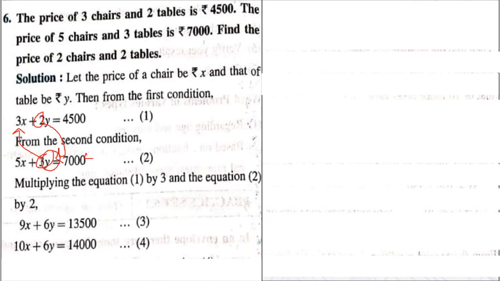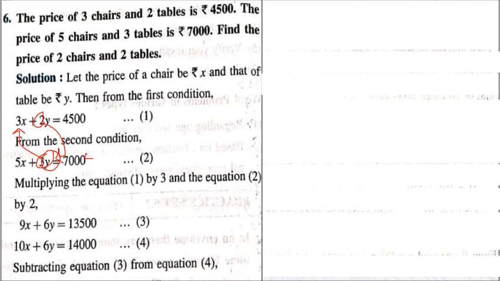Now let us do subtraction, then it will cancel, because in both equations they have the same sign. x has plus, y also has plus. So we have to do the opposite of it, that is subtraction.